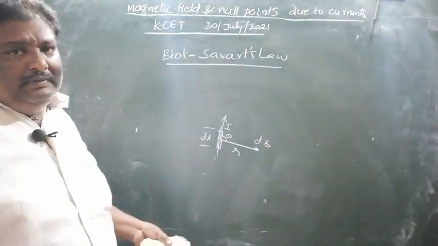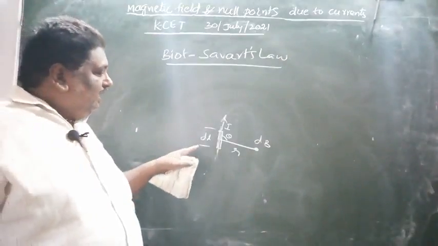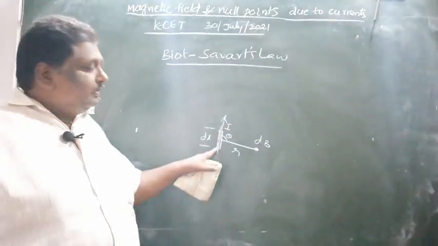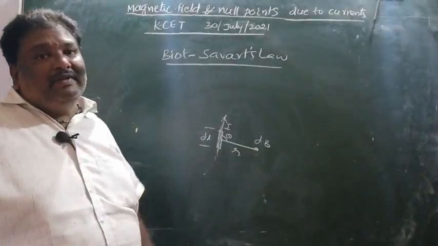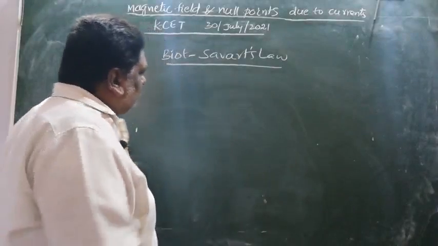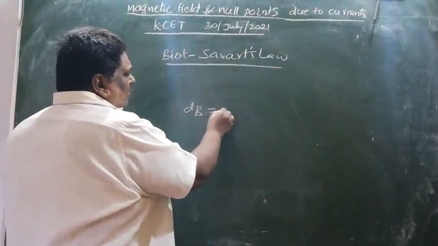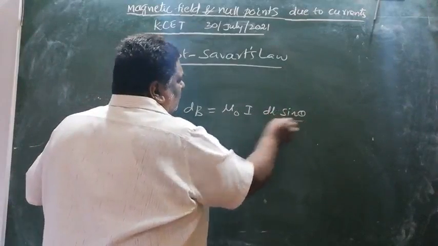Biot-Savart law means here small elements, dl length elements, current is passing, at r distance, dB magnetic field. What is this magnetic field value? This magnetic field value is dB is equal to mu naught I dl sin theta by 4 pi r square.